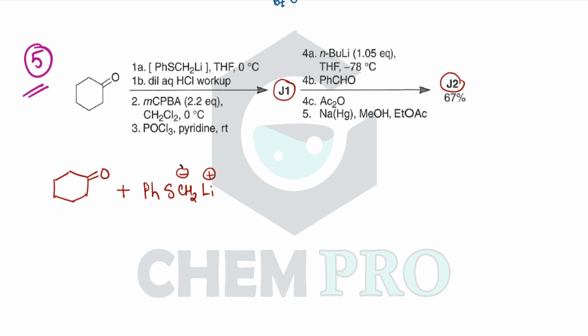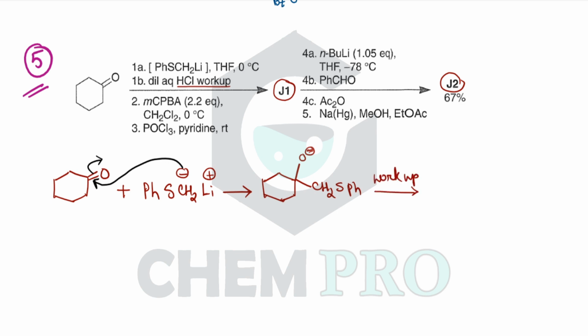So this will attack the carbonyl carbon and make it O negative. So from this we can have O negative and here CH2SPh. And it is given that aqueous HCl workup. So after workup, this O negative will be OH, and here we can have the SPh.